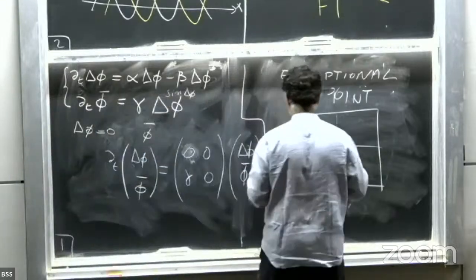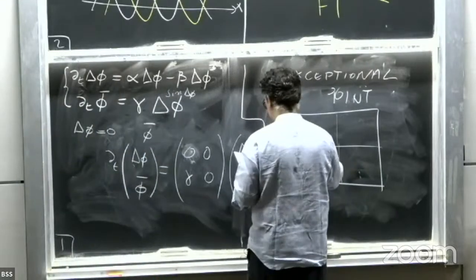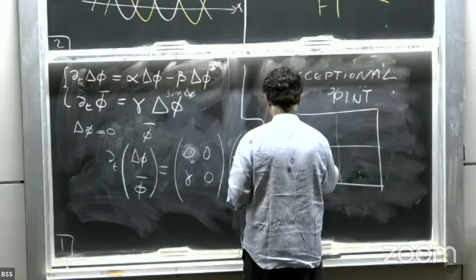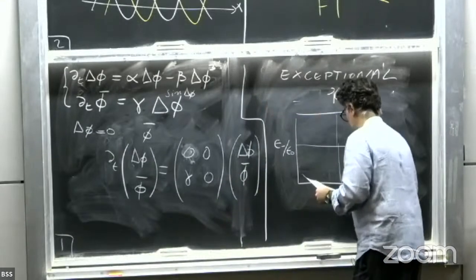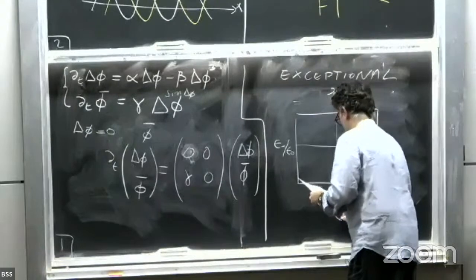And this phase diagram will look like this: E minus divided by E naught, and here there will be E plus divided by E naught.